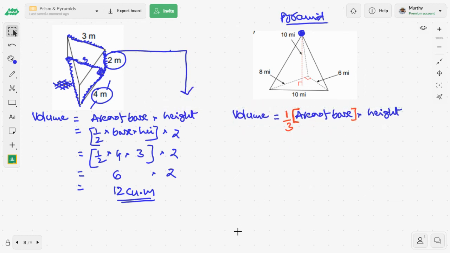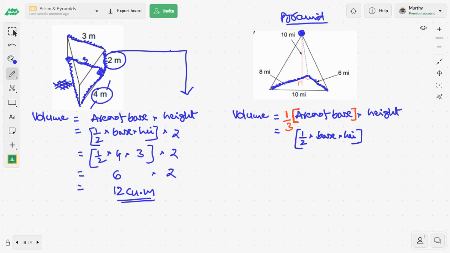The volume of a pyramid is equal to 1/3 area of base. I see that the base is again a triangle. As I mentioned before, the area of base equals the area of a triangle, half times base times height.